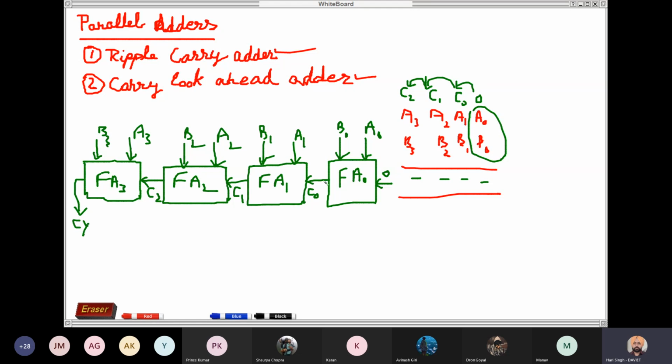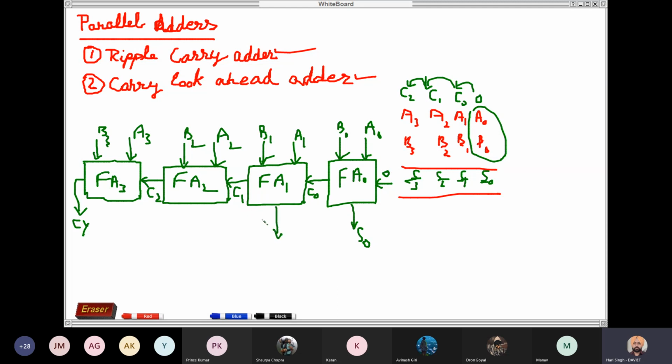Okay, and simultaneously sum bits S0, S1, S2, S3 are generated at outputs of the full adders.